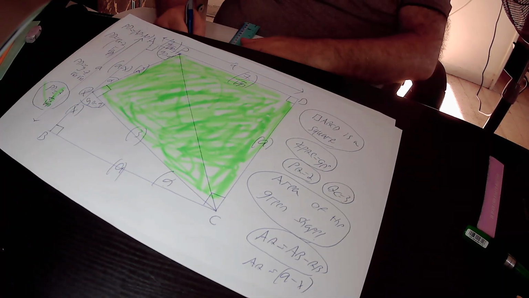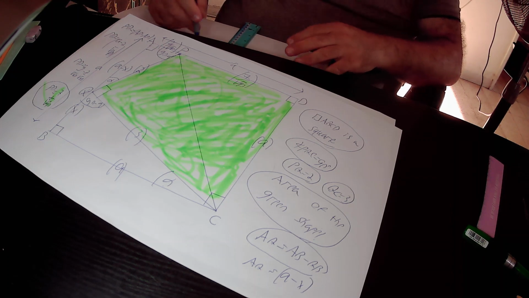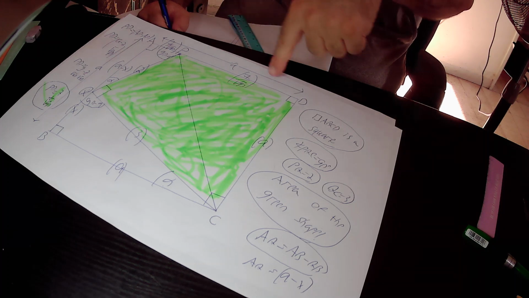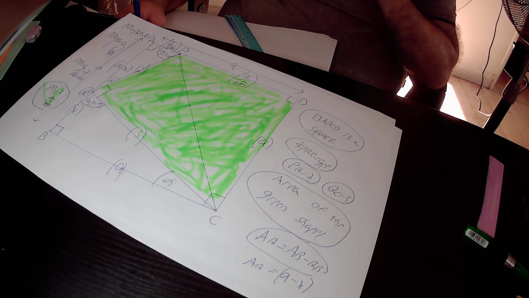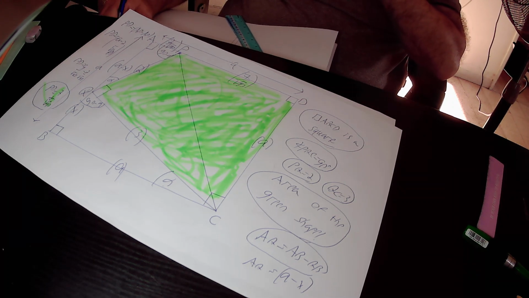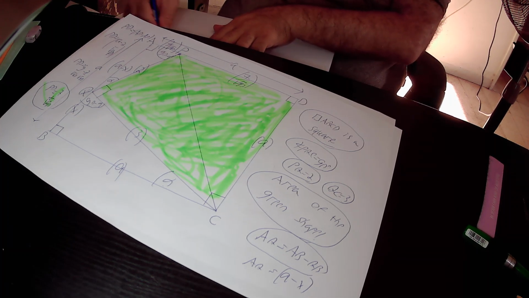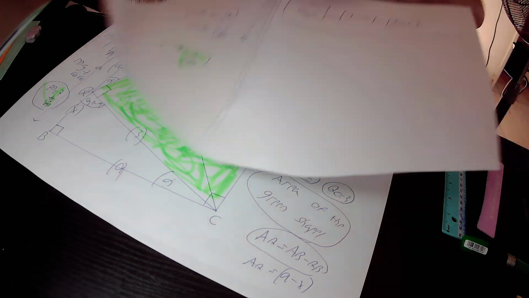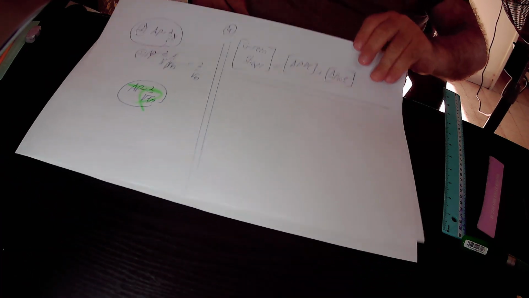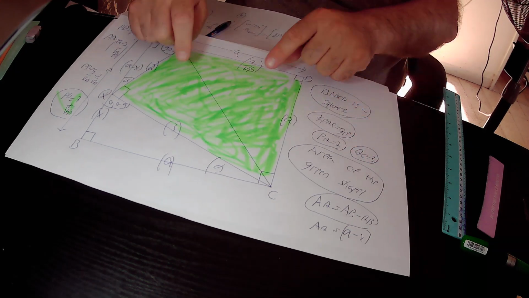From the drawing, it is very easy to see that the area of the green shape is equal to the area of this right triangle PDC plus the area of this right triangle PQC, because the green shape consists of exactly those two right triangles.